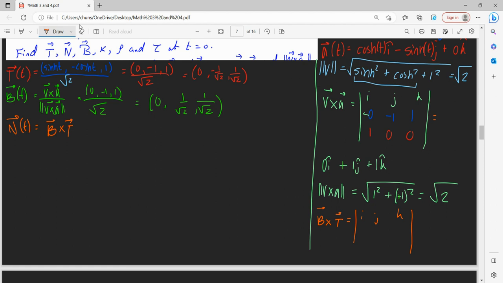We got 0, then we had 0, negative 1 over square root 2, 1 over square root 2. So then this is only going to have an i component because we have a row of zeros.